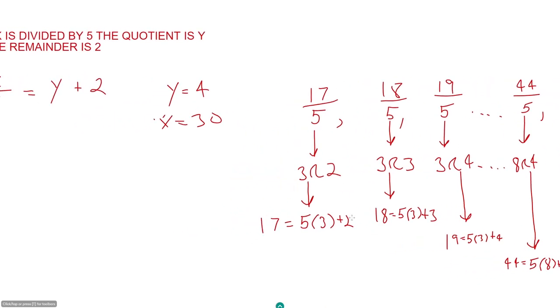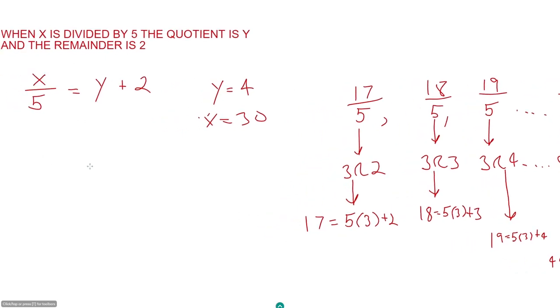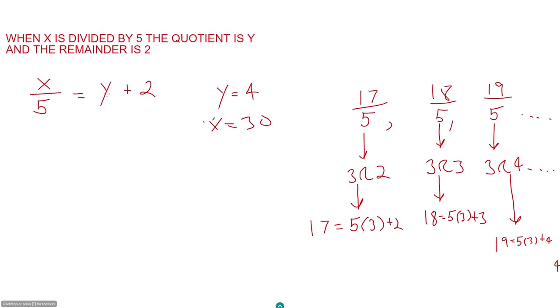So if we were to translate the equations we have here into a generic equation, our numerator here is equal to, in this case, 5, so that's our divisor, times some multiplier. And this multiplier, think of it as an independent variable. It's just going to be a positive integer, and it's going to be the one that gets you as close as you can to your numerator without going over, plus your remainder.